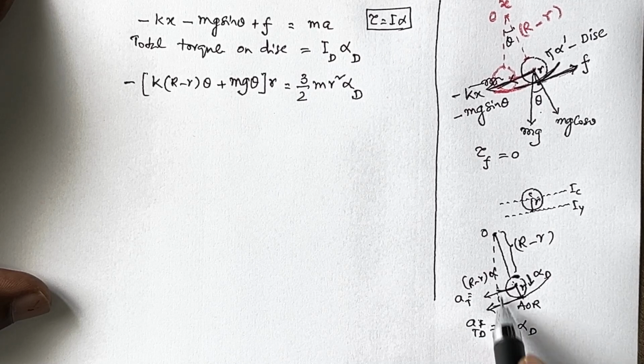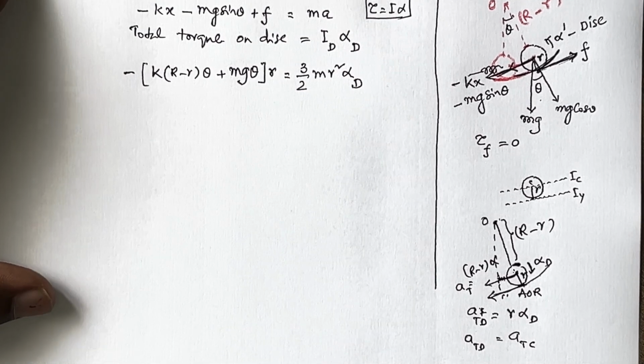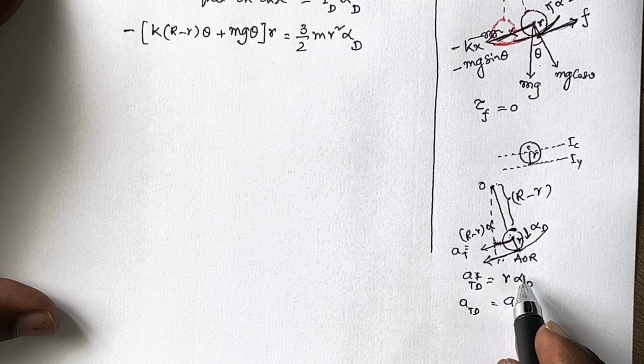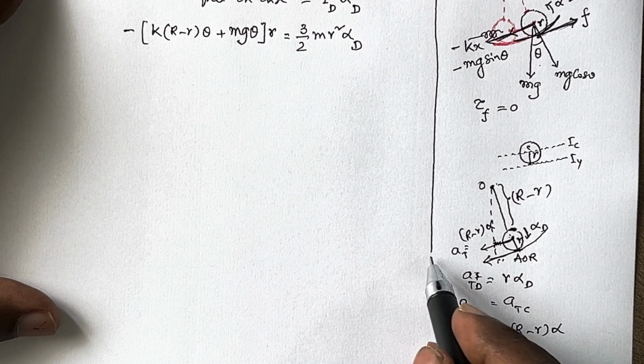These two tangential accelerations are the same. So the tangential acceleration of the disk is equal to the tangential acceleration of the center of mass of the disk. So from this we got r into alpha of the disk is equal to R minus r into alpha of the center of mass, right?